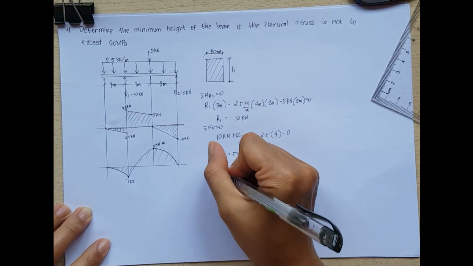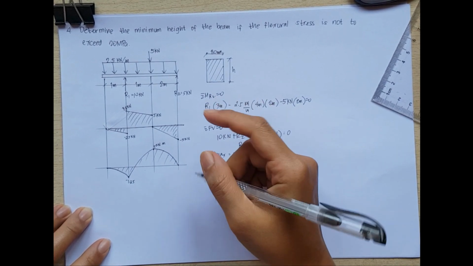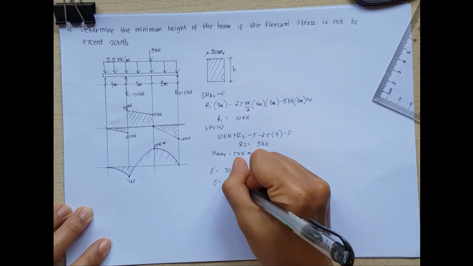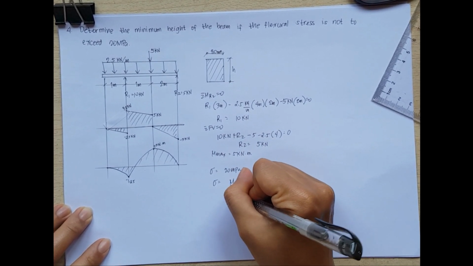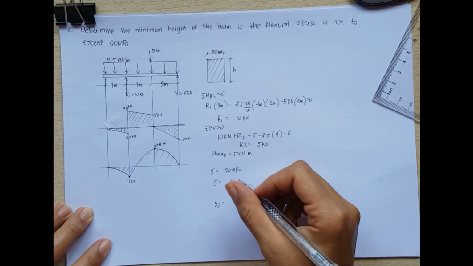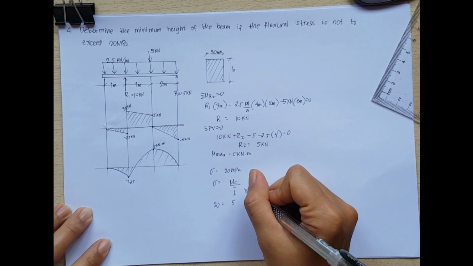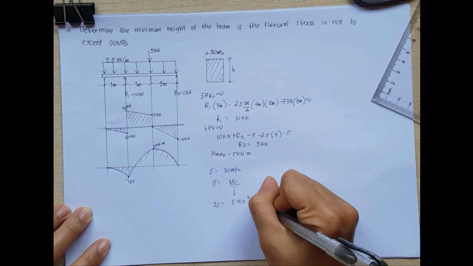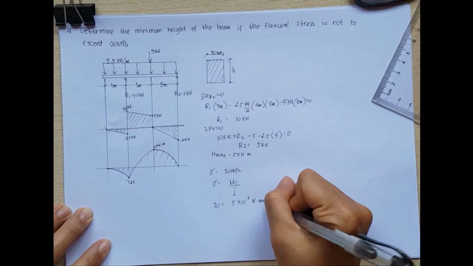Therefore, the flexural stress is equal to 20 megapascal. So, our equation is Mc all over I. So, 20 is equal to yung moment natin is 5 kilonewton dot meter, multiplied by 10 raised to 6 para maging newton dot millimeter.